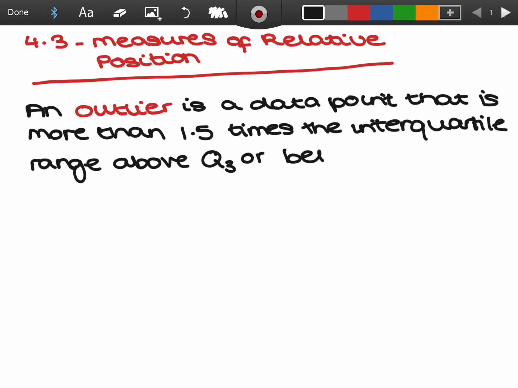Okay, let's talk about this because there's a lot going on in this definition. So let's talk about what Q1, Q3 and the interquartile range are.